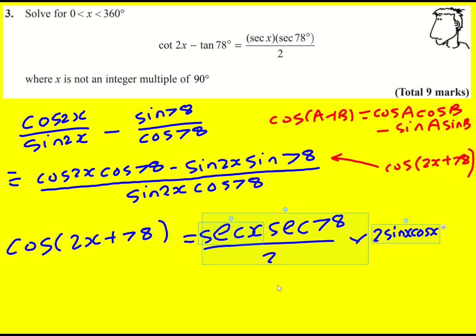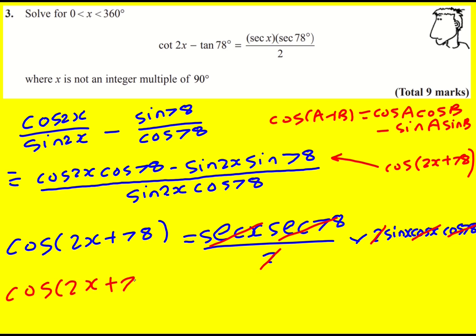And then, of course, I'm also timesing by cos 78. Sec 78 is actually 1 over cos 78, so these two cancel out. And sec x is 1 over cos x, so these two cancel out, and the 2's cancel out, and suddenly things are looking much better. Cos 2x plus 78 is equal to sine x.